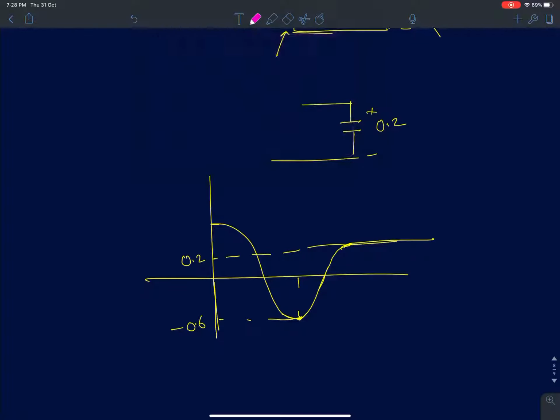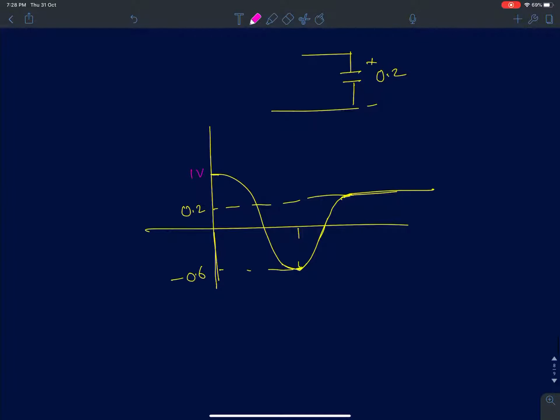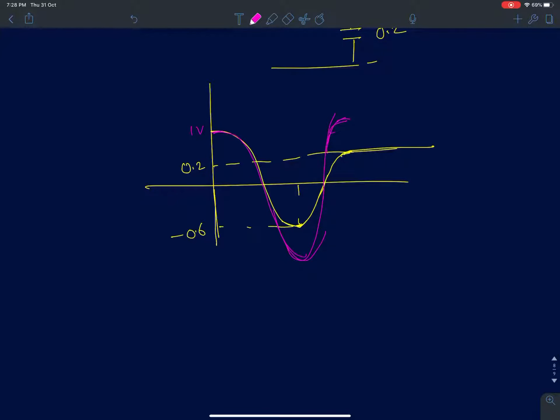Just to draw, if there were no diodes, it would have simply kept oscillating between plus 1 and minus 1 like this. But because of the losses in the diode, every half cycle each diode conducts, and every time a diode conducts, it dissipates some power, and therefore some energy as well.